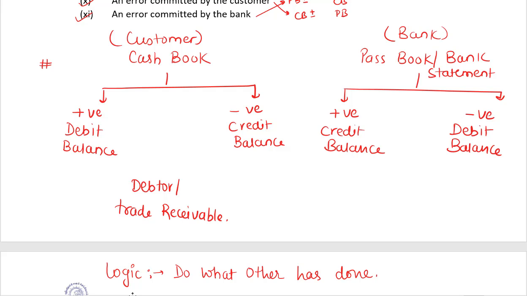And what treatment will the bank give to the customer? The banker will think that the customer is a creditor. So the amount that he has in his bank account needs to be paid back someday. So he will treat it as trade payable. I believe you understood.